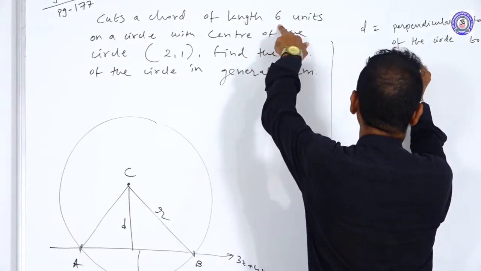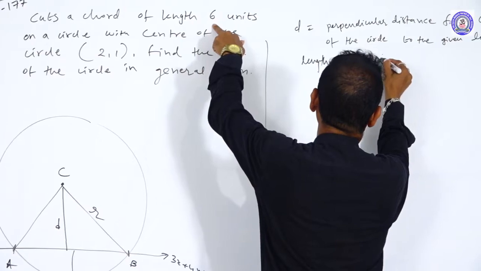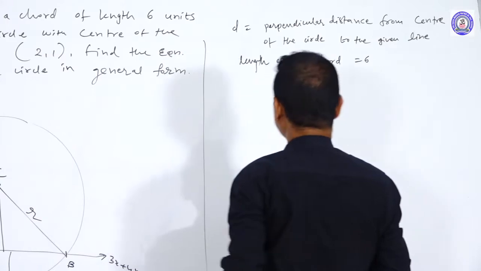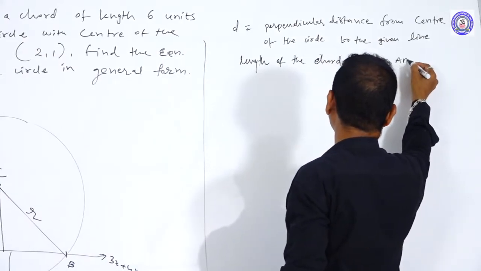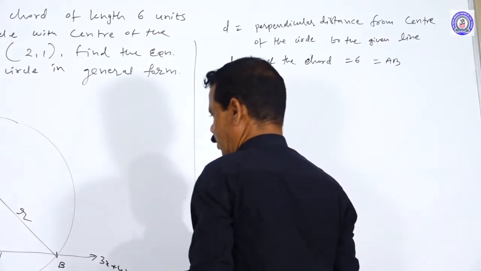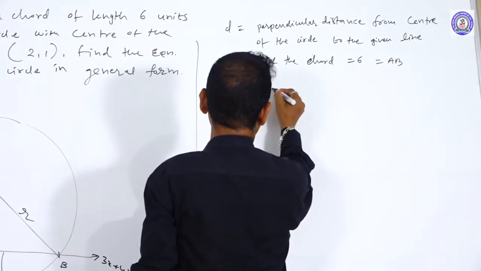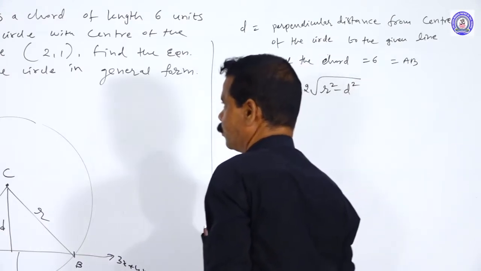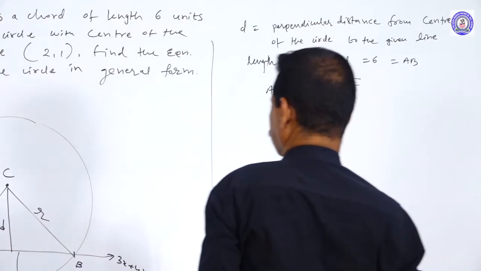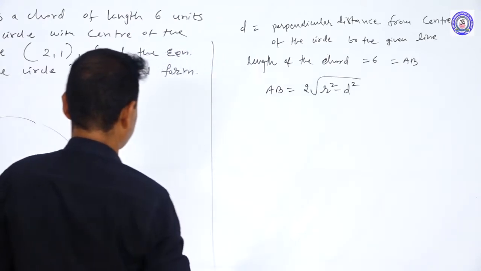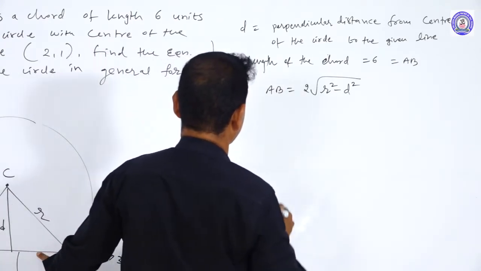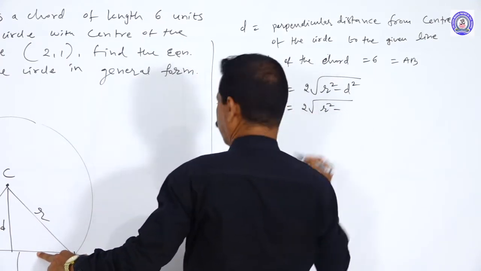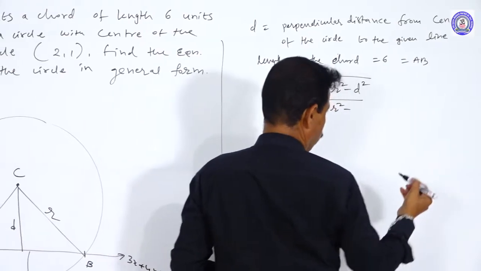Length of the chord is equal to 6. This value is the AB length. So AB is equal to the formula 2 root of r square minus d square. Six is equal to 2 root of r square minus d square. D square is not available.